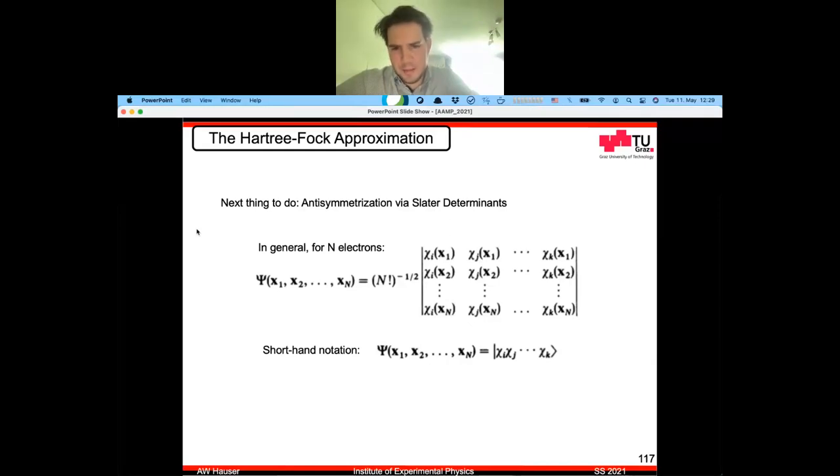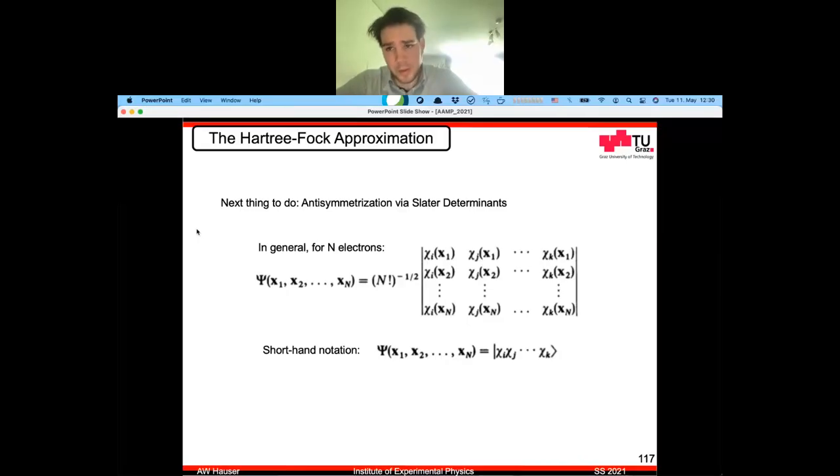Because if you look at the determinant as it's written here, exchanging two electrons would mean to change two rows of the matrix, right? And if you change two rows, the determinant picks up a minus sign. Okay, so this is how we get the antisymmetric n electron wave function.